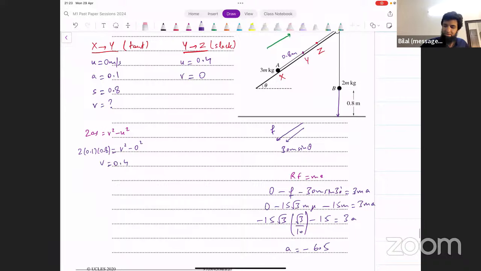Now what we can do is we can say this is the acceleration for Y to Z part of the journey. Let's use that here. Acceleration is minus 6.5. And now what are we looking for? We're looking for time. Which equation connects these four things?